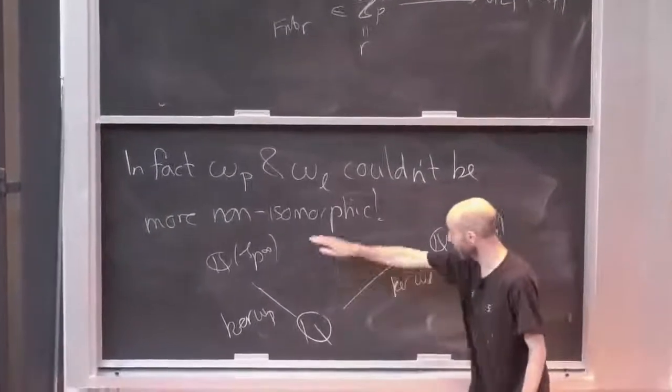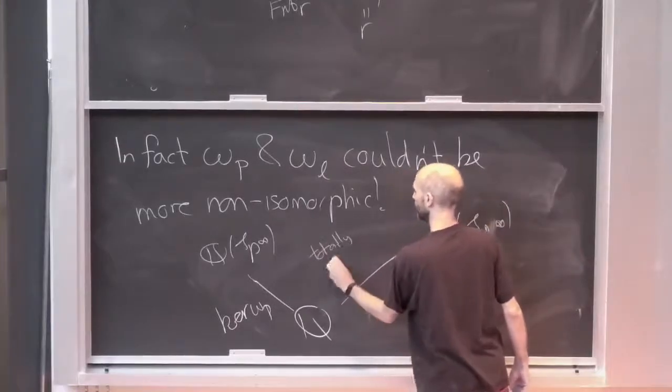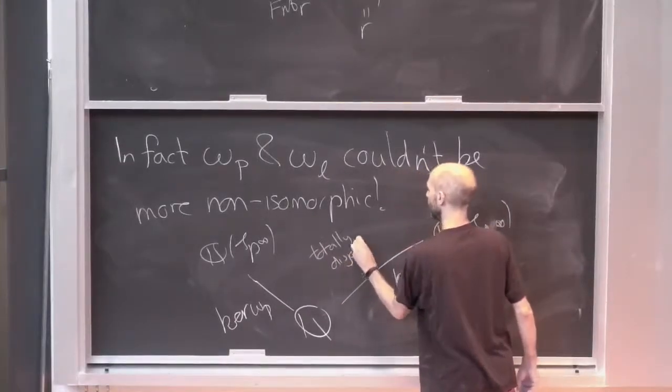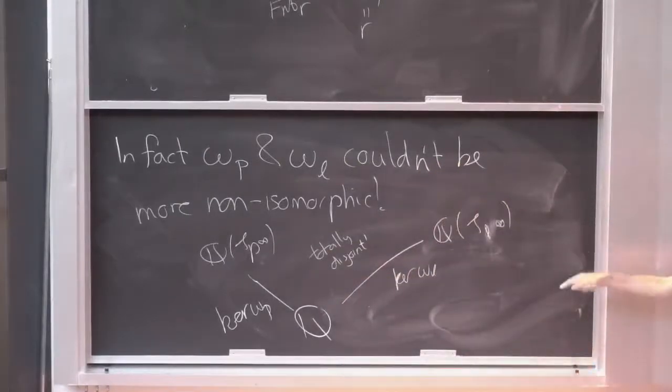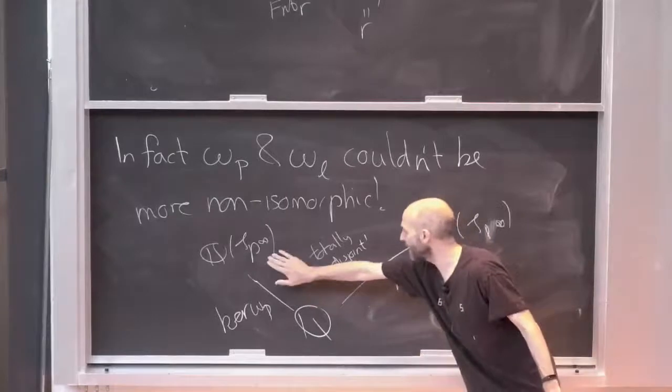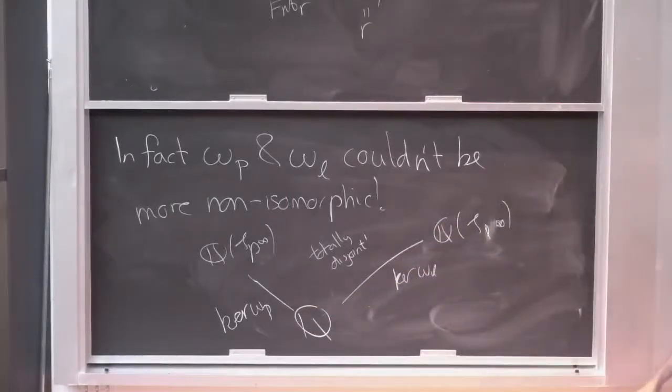These extensions are not the same extension. These are totally disjoint, right? Anything in this field and in this field will generate an extension of Q which is unramified outside p and unramified outside L, so it's unramified everywhere. And so it must be Q. Those extensions are totally disjoint.